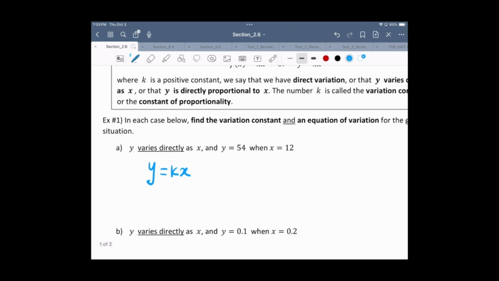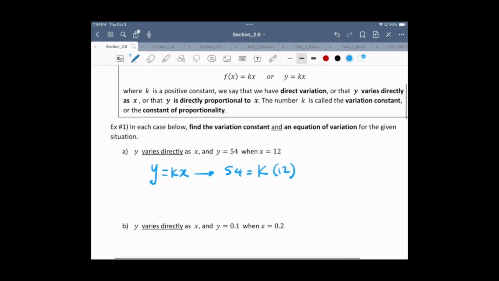Now we're going to use this formula and this information given to find the value of k. So we have 54 equals k times 12. Now solving for k, solving is always isolating the variable. So to isolate k, we need to get rid of that 12. How do we do that? We divide both sides by 12.